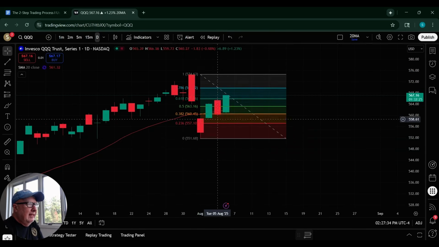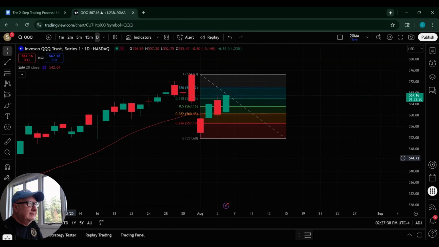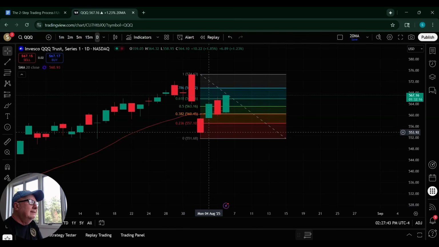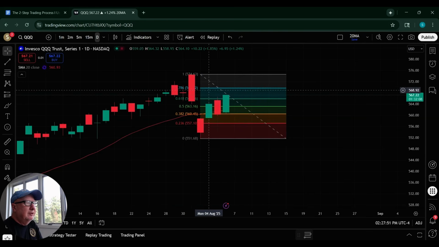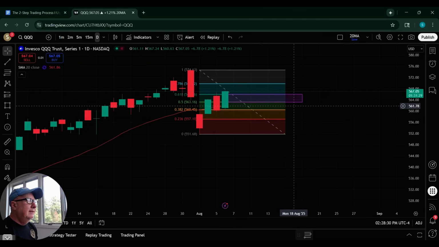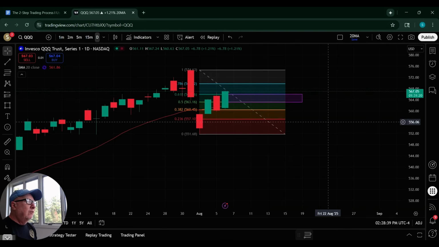What I'm looking at with this structure that's in place, an uptrend and now a pullback, is a possibility to short on this retracement. This area between the 50% retracement and the 0.618 retracement is sort of a sweet spot for shorts.